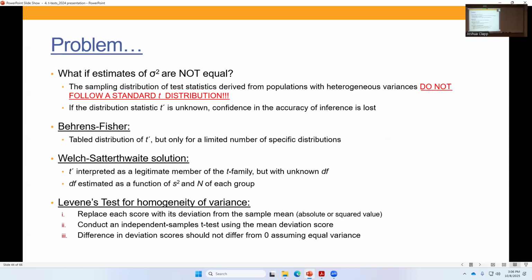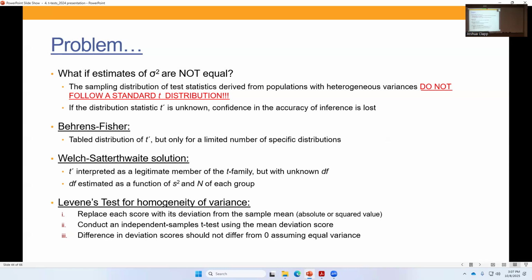What Levene's test is going to do is calculate a deviation score for all of these. It calculates whatever the mean of your sample is, and then a deviation score for each observation, and does the same thing for the other group. Then we conduct an independent sample t-test on those two sets of deviation scores.